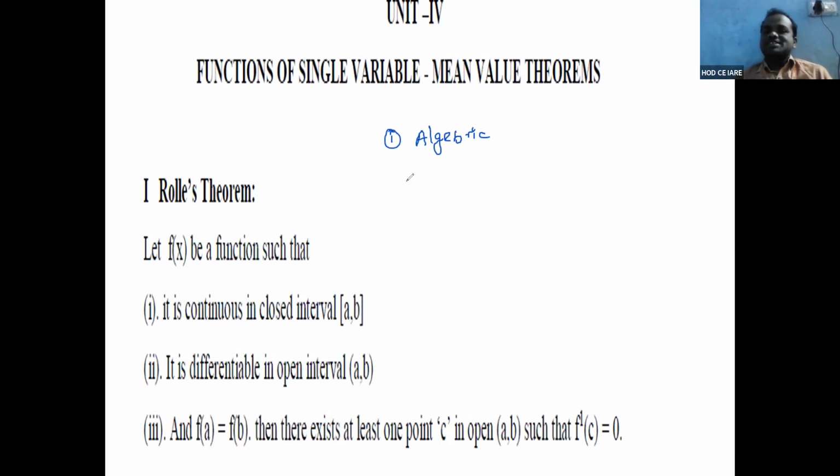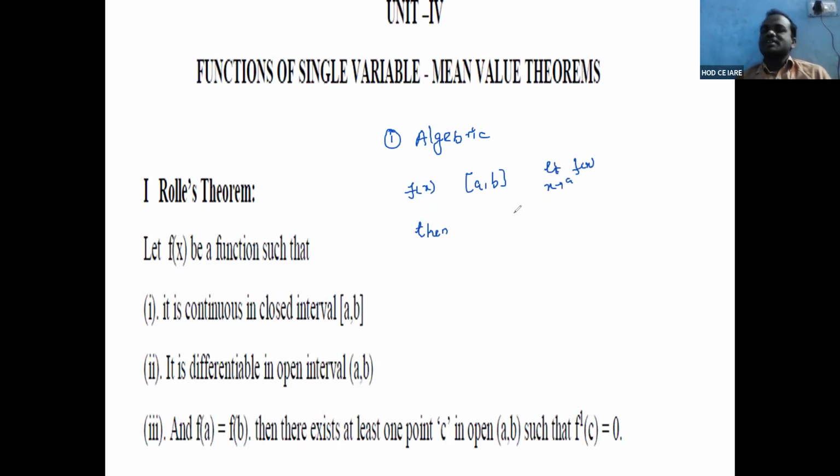If f of x is a function in the interval a comma b, then it is satisfying the following. If you are taking any point, for example, limit x tends to a f of x.